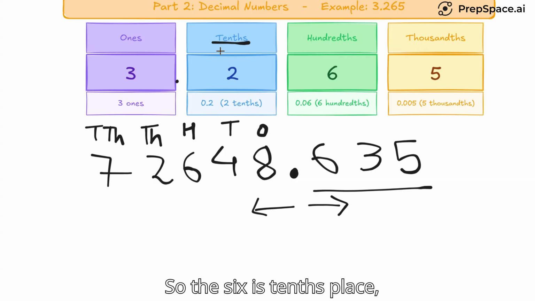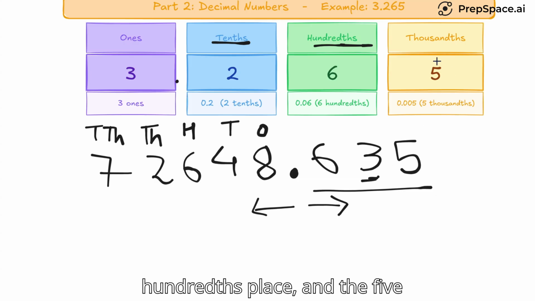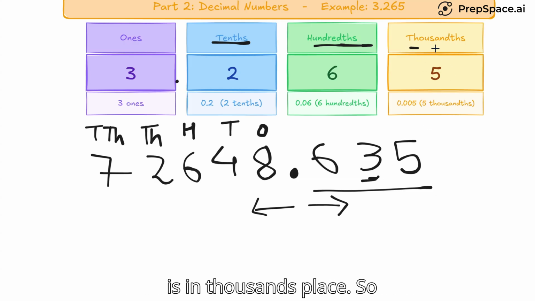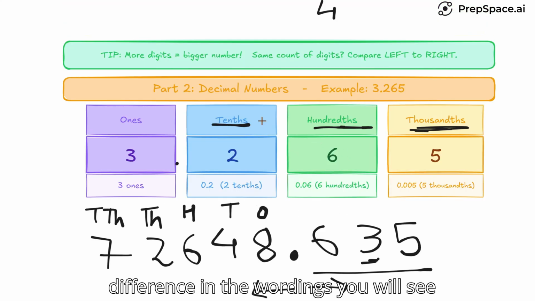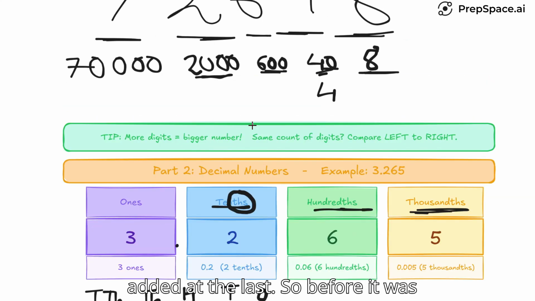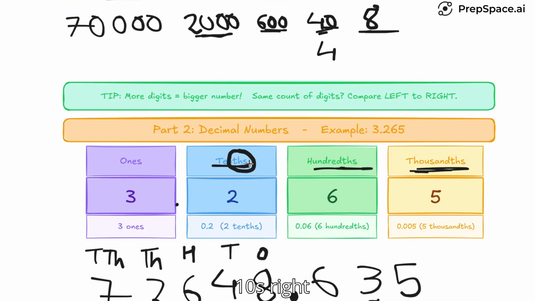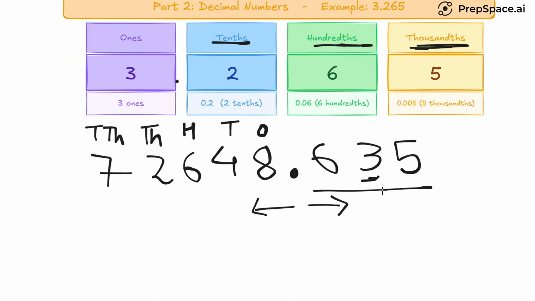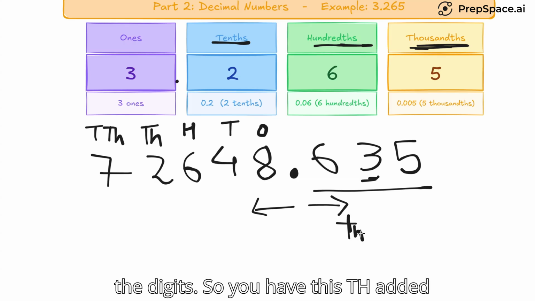So the 6 is in the tenths place, the 3 is in the hundredths place, and the 5 is in the thousandths place. If you look at the difference in the wording, you will see this th added at the end. Before it was just tens, now it's tenths. Before it was just hundreds, now it's hundredths. So th appears on the right side of the decimal.